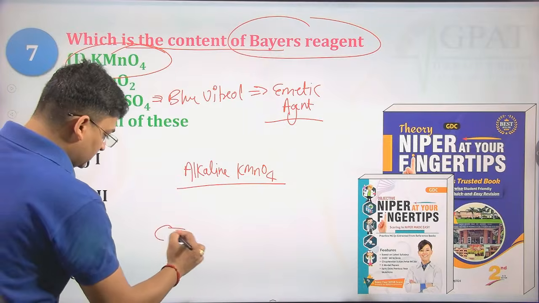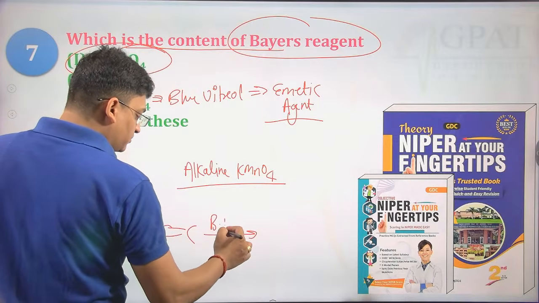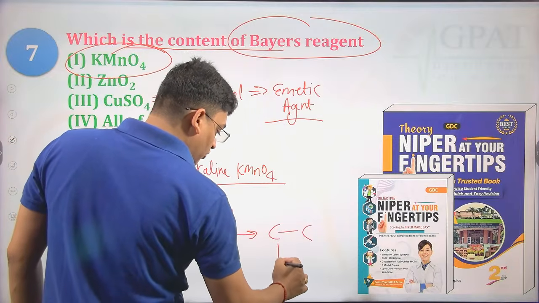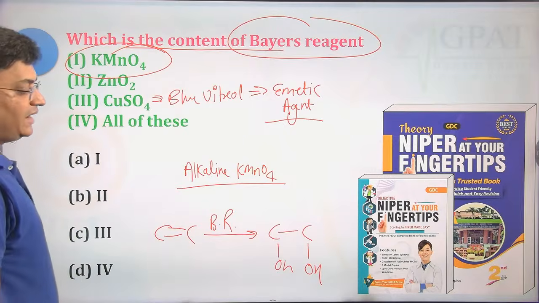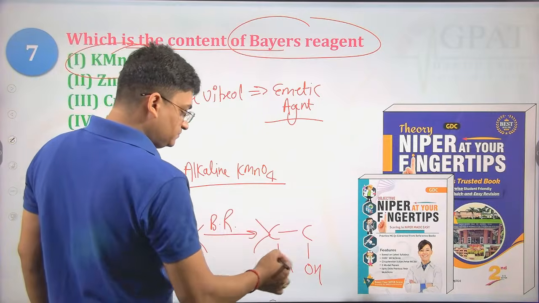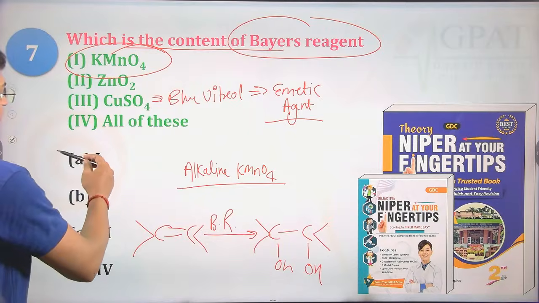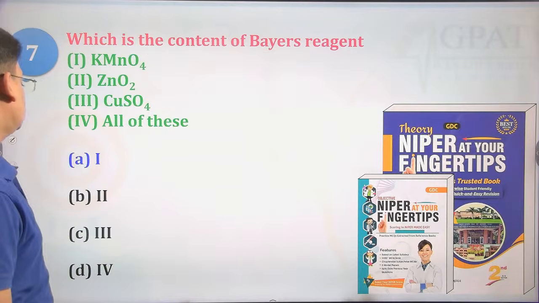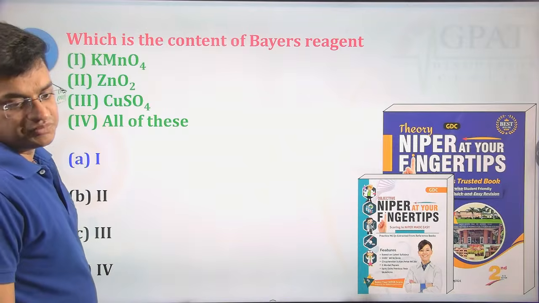So if we have this structure, then after reaction with Bayer's reagent, the pi bond breaks and two OH groups are added from the same direction, the syn direction only. This is called syn addition of OH. So KMnO4, the first option, is known as Bayer's reagent. A option is the right answer.